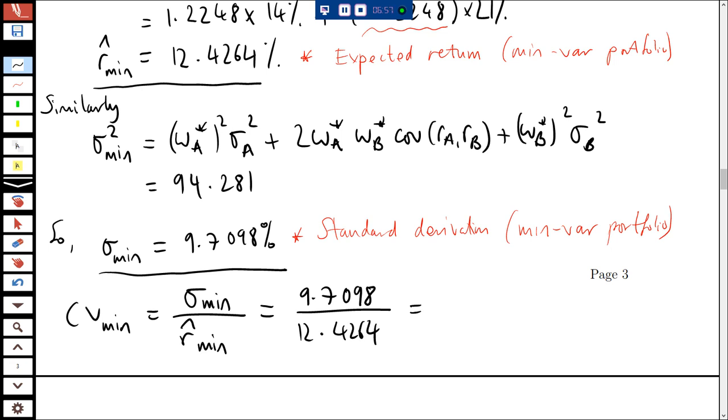And we get approximately 0.7814. So this is the amount of risk required per unit of expected return. So 1% of expected return carries 0.78% of risk. Okay, and that completes this part of the question D.